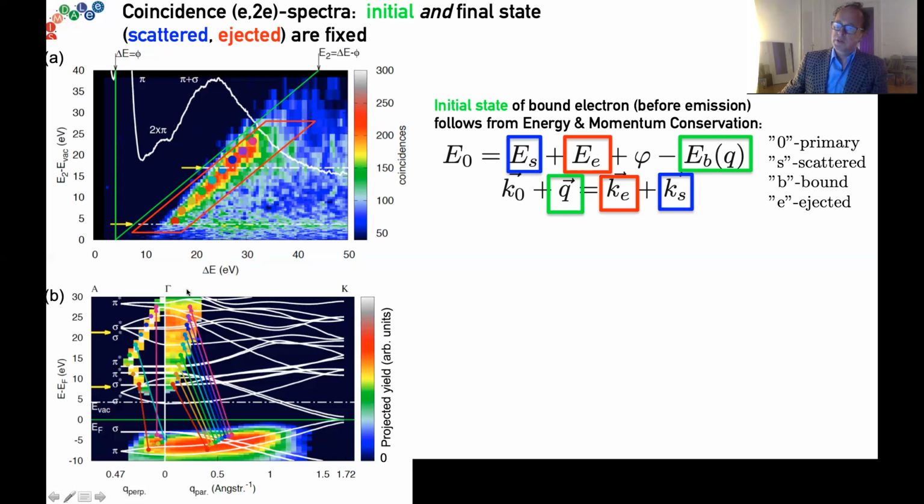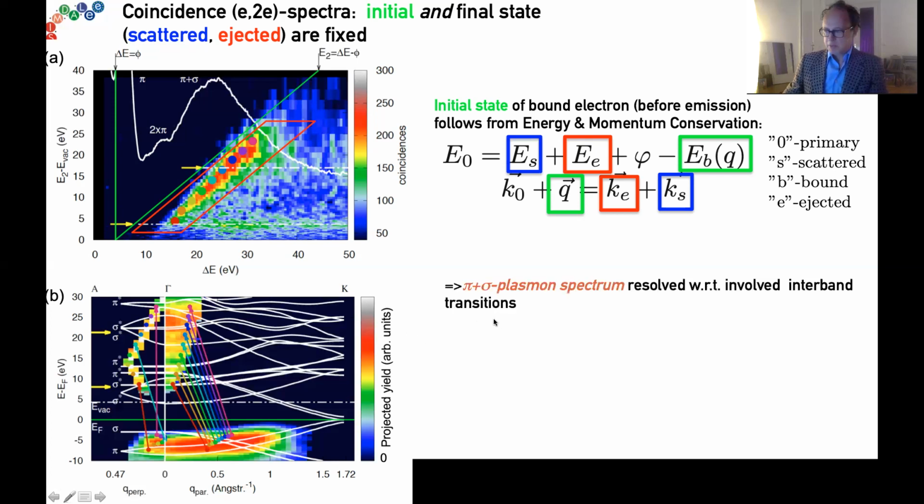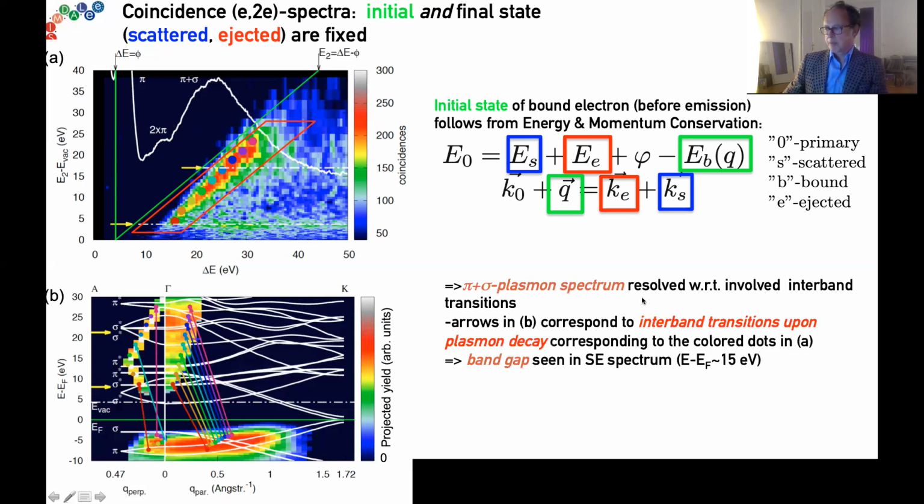And each colored dot here corresponds to a colored arrow here and indicates the electronic transitions taking place when the plasmon is decaying. And what you can recognize here is that the band gap is seen in this selective secondary electron spectrum. This is therefore the first time that the spectrum of the pi plus sigma plasmon has been resolved with respect to the involved interband transitions.